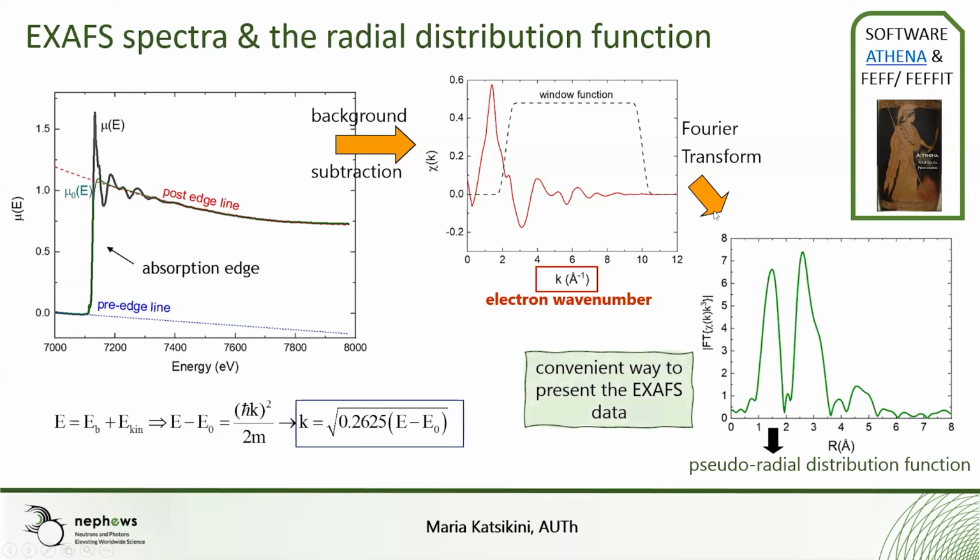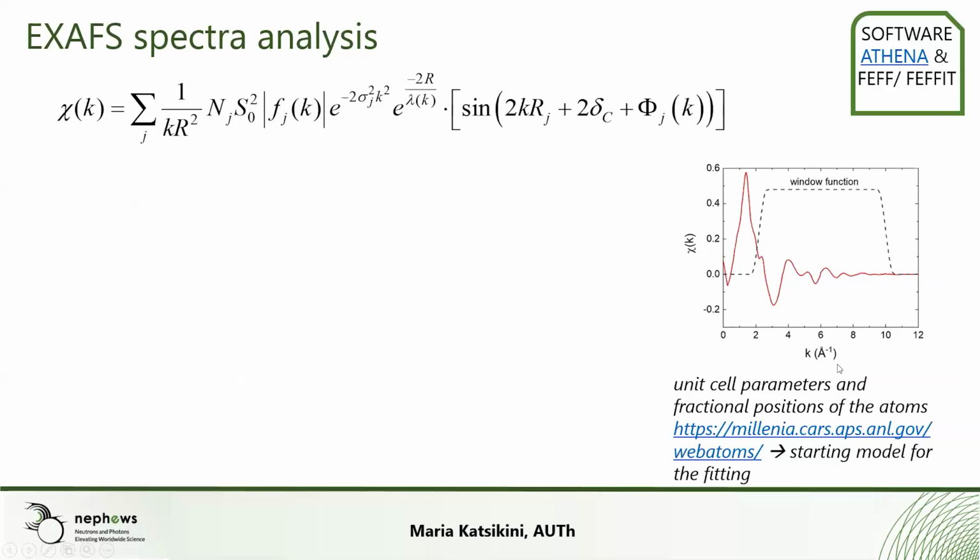If we Fourier transform, we go from the k space to the real space. R is here on the horizontal axis, and this is a so-called pseudoradial distribution function, where each peak corresponds to a nearest neighboring shell. So this is a convenient way to present the EXAFS data.